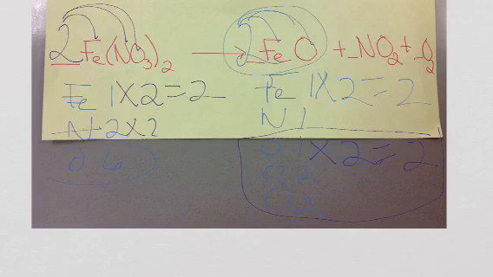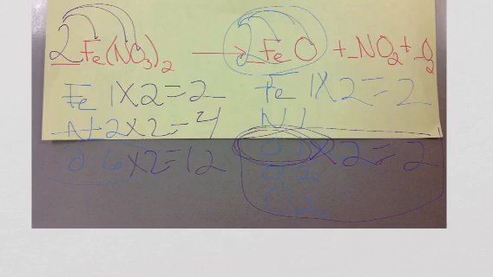So times 2, times 2. Okay, and the whole point to that was to get an even number of O's right here. Because there's no way we can get an odd number of O's on the left. So that was just my second thought process after having just randomly started somewhere.